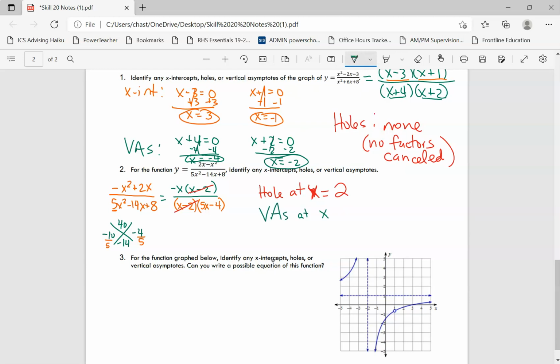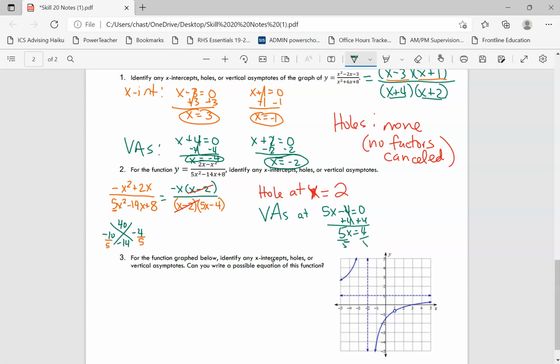VAs at x equals, well, let's solve that equation. So we have an uncanceled factor in the denominator of 5x minus 4. So I'm going to add 4 to both sides, and I get 5x equals 4.